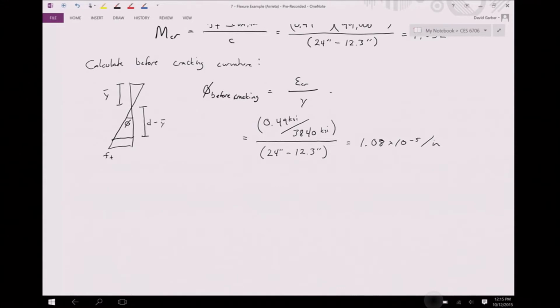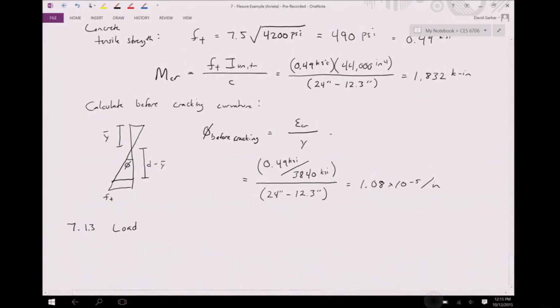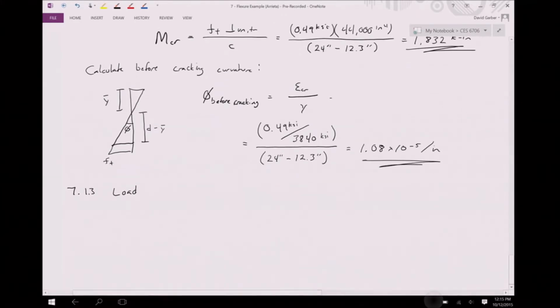Alright, so next we want to find our load deflection relationship, and we have a couple points for it so far. So 7.1.3. We were looking for our first cracking load and our first cracking curvature, or our before cracking curvature.